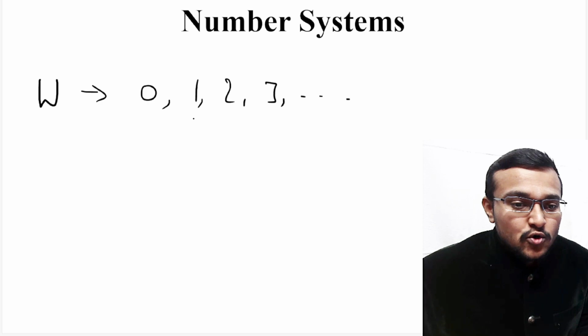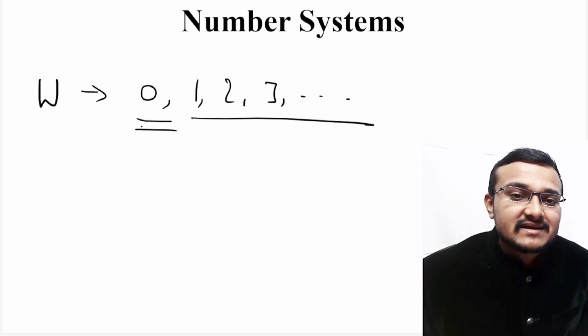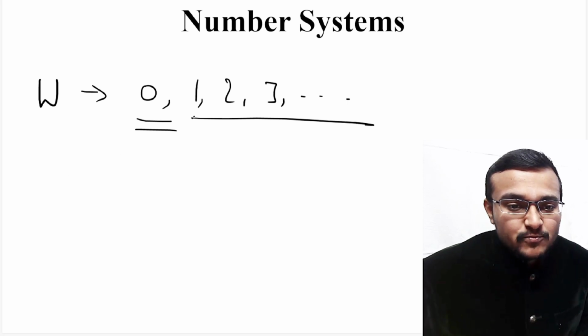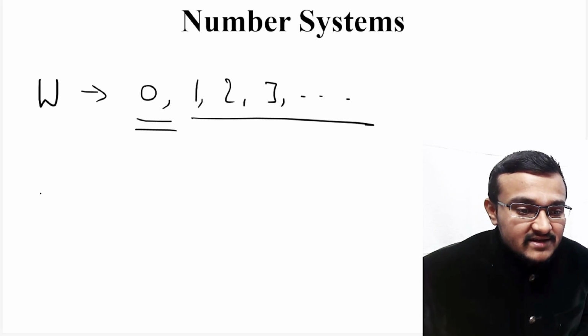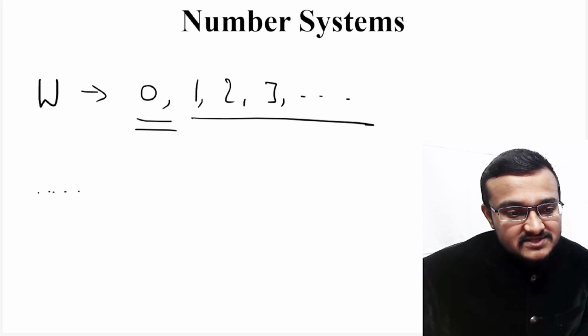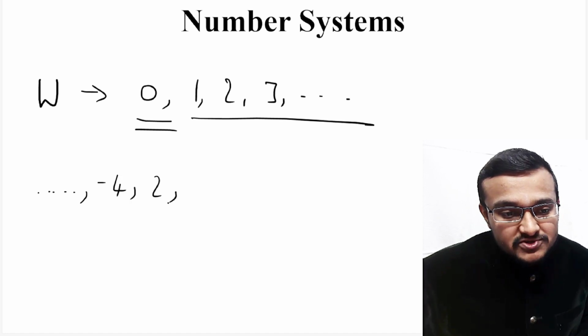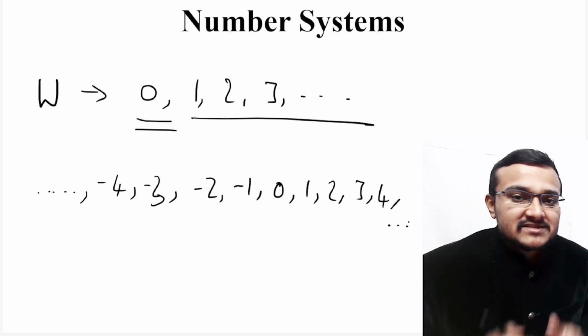That means in whole numbers you have all the natural numbers and one extra number, that is 0. Similarly, if you consider the negative part of the natural numbers on the other side, it starts from minus infinity and comes to -4, -3, -2, -1, 0, 1, 2, 3, 4, and goes to plus infinity.